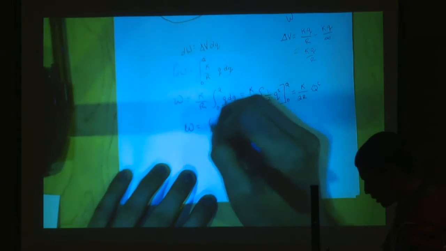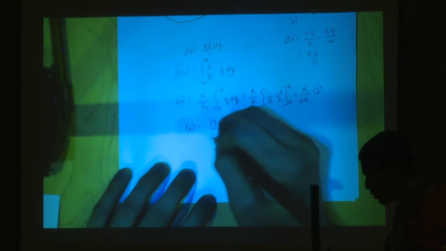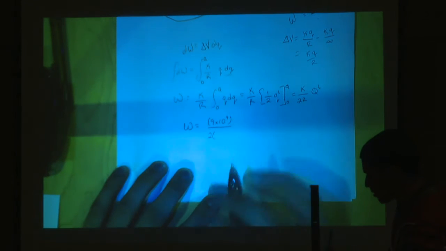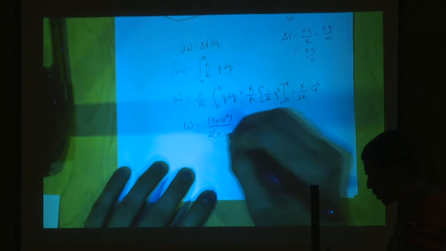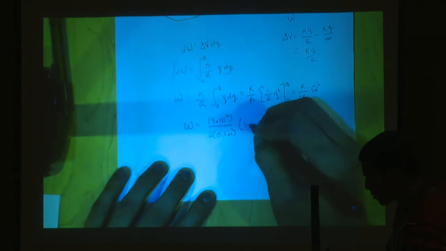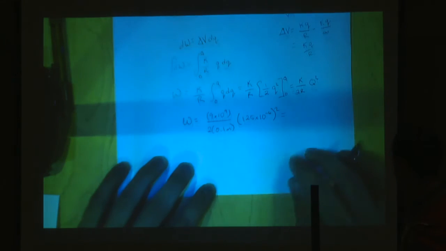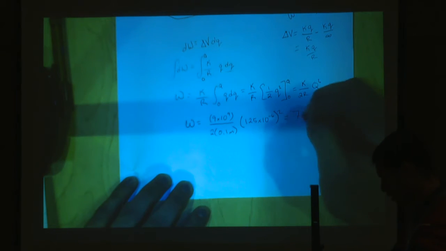Just plugging in our knowns, we'll have K, which is 9 times 10 to the 9, over 2 times our radius of the sphere, which is 0.1 meters, times Q squared, which is 125 times 10 to the negative 6 squared. If we plug this into our calculator, we should get 702 joules.